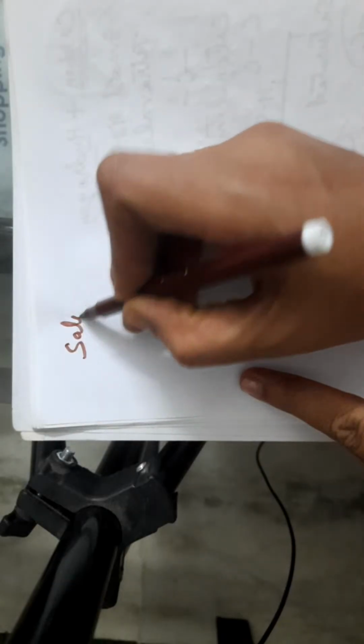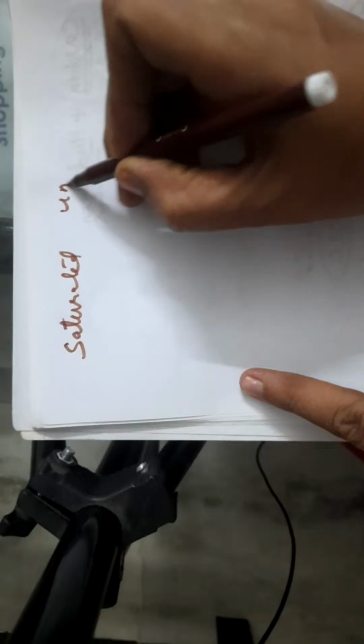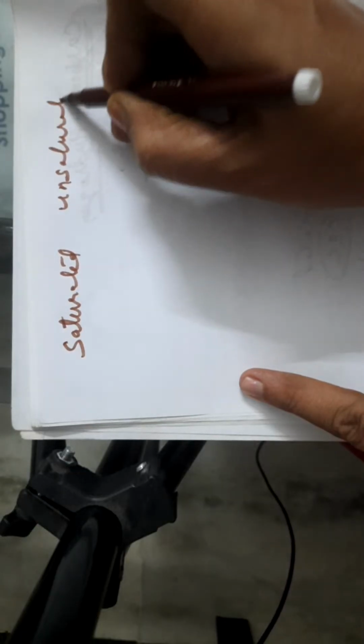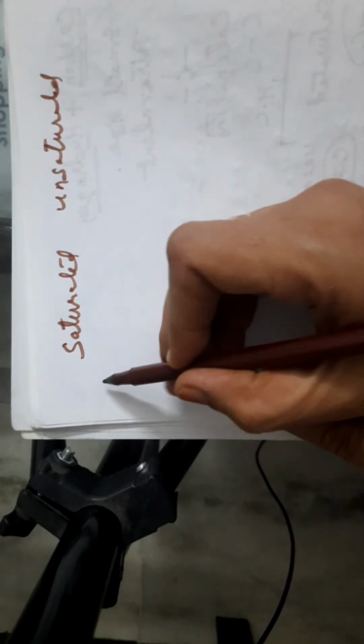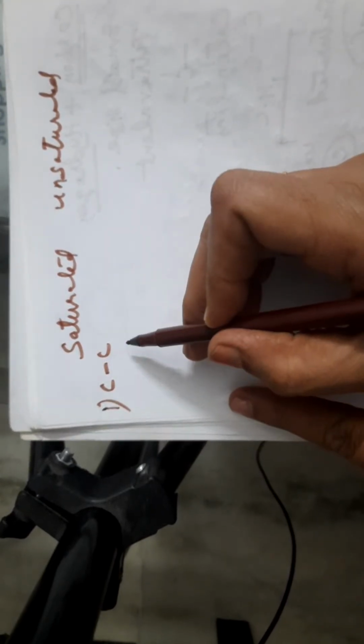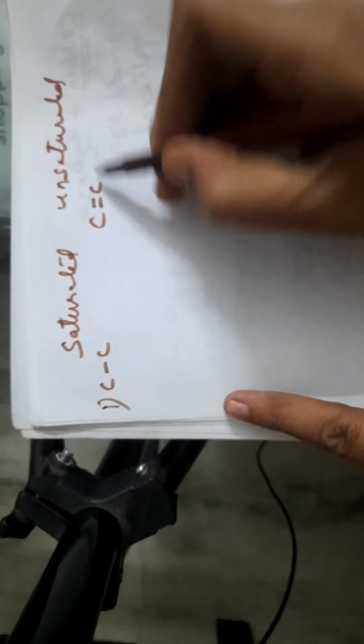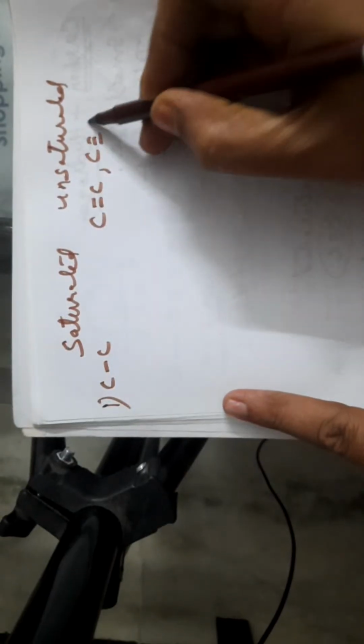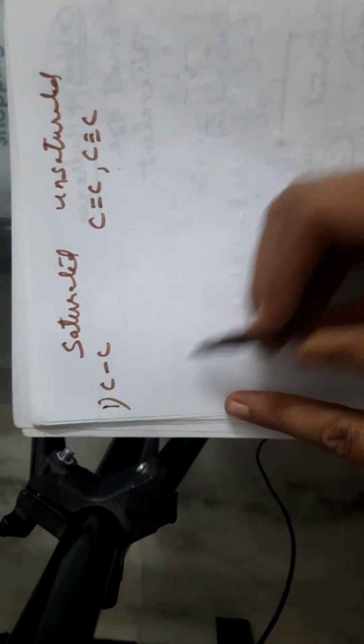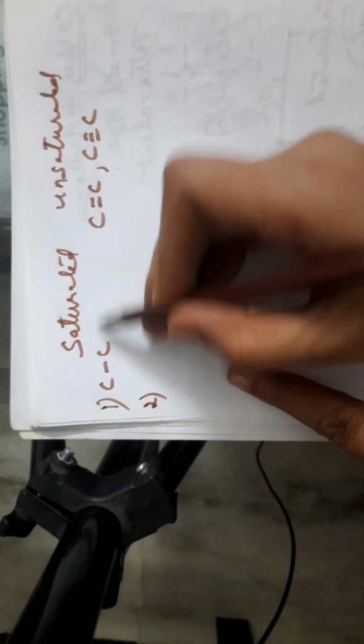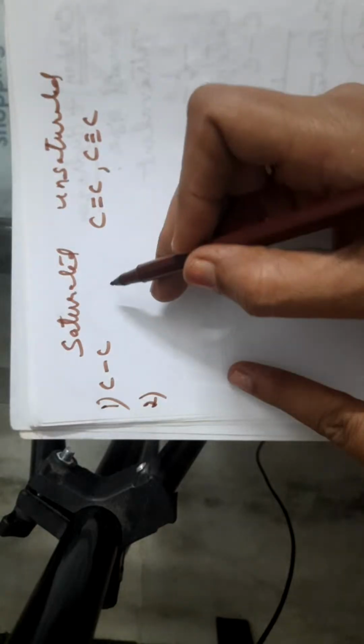Now coming to the difference between saturated and unsaturated hydrocarbon. In exam, how are you going to write? For saturated, the first point is single bond between carbon and carbon atom. For unsaturated, there is double bond and triple bond between the carbon and carbon atom. Second point, flame test.